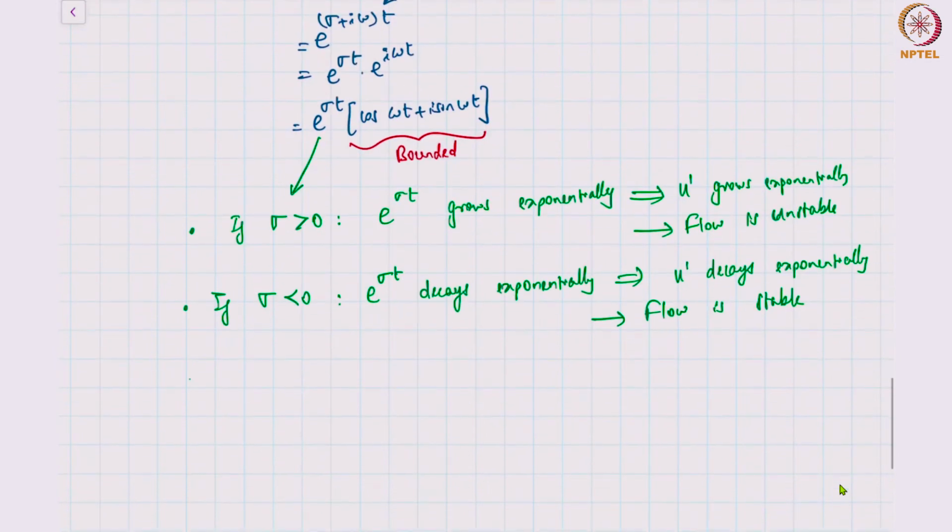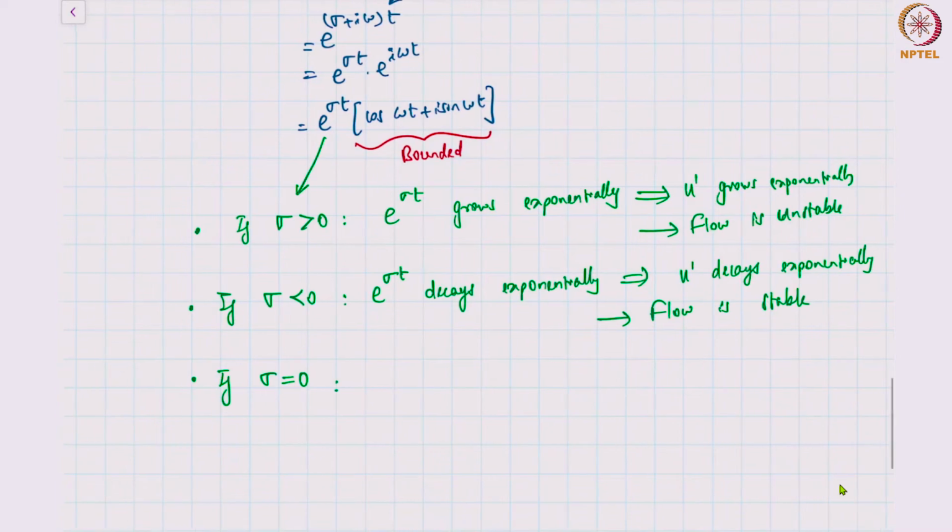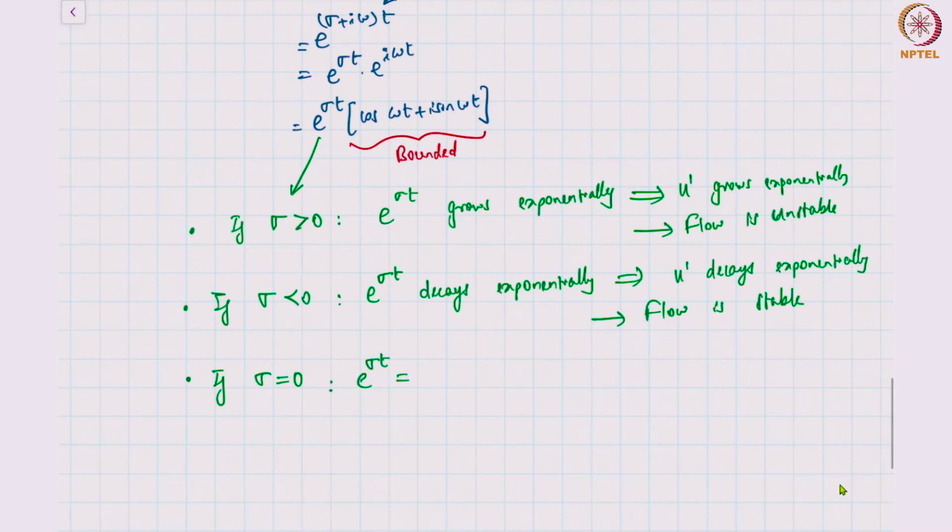Okay, and finally, if you have sigma equal to 0, then this term does not matter. E power sigma t becomes equal to 1. So you just have e power st simply becoming e power i omega t. And you can see e power i omega t can be cos omega t and sin omega t.